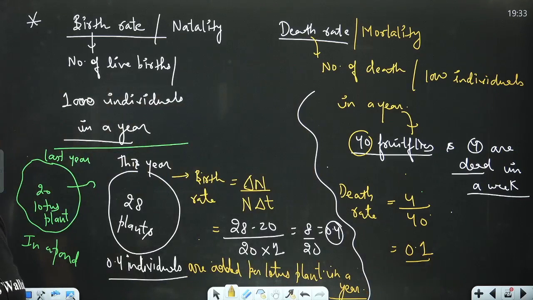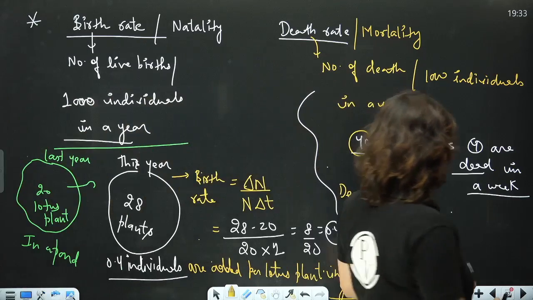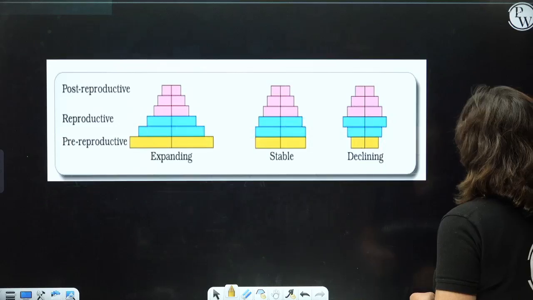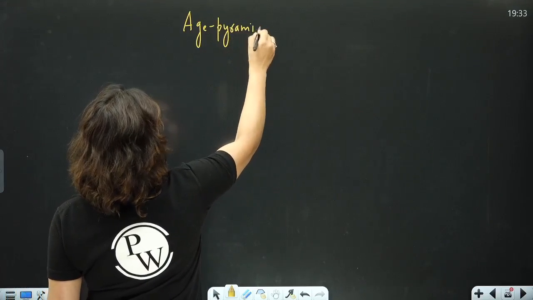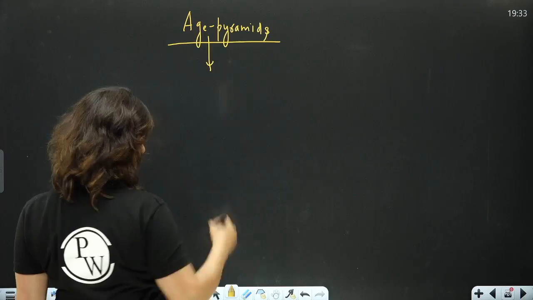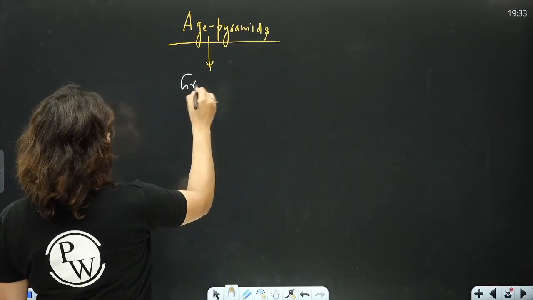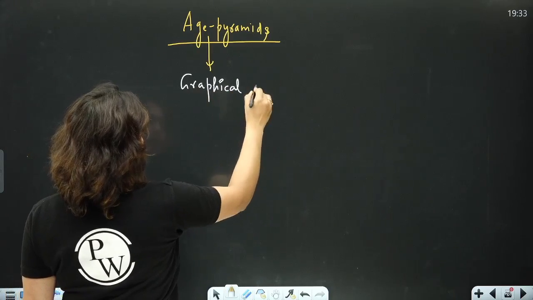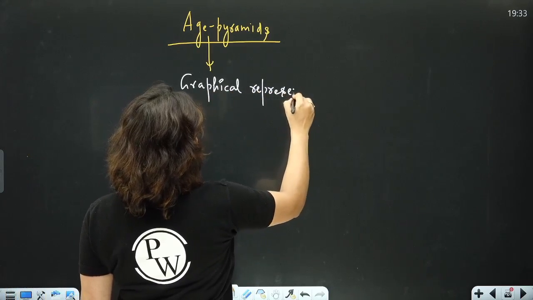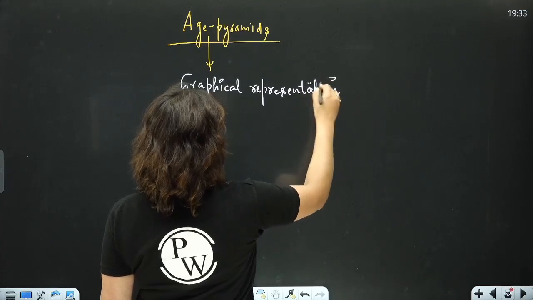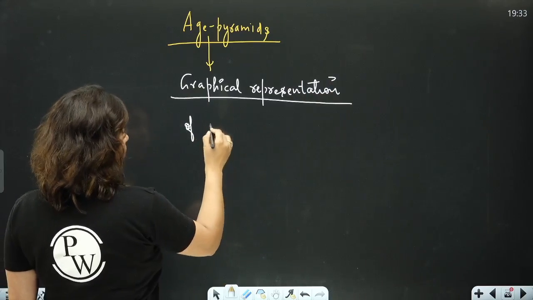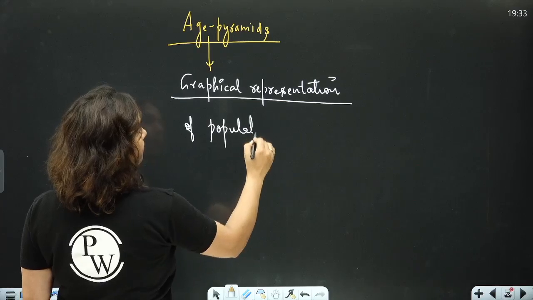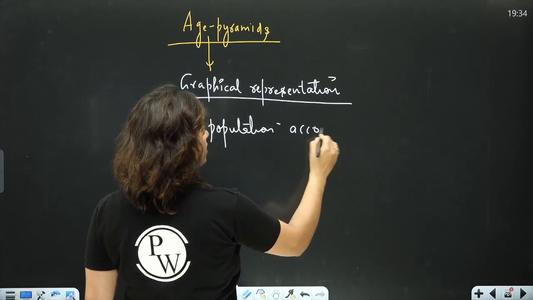Okay, so this is how birth rate or death rate is calculated. So after birth rate and death rate, let's discuss the age pyramids. What do age pyramids tell you about? An age pyramid is a graphical representation of a population according to age.